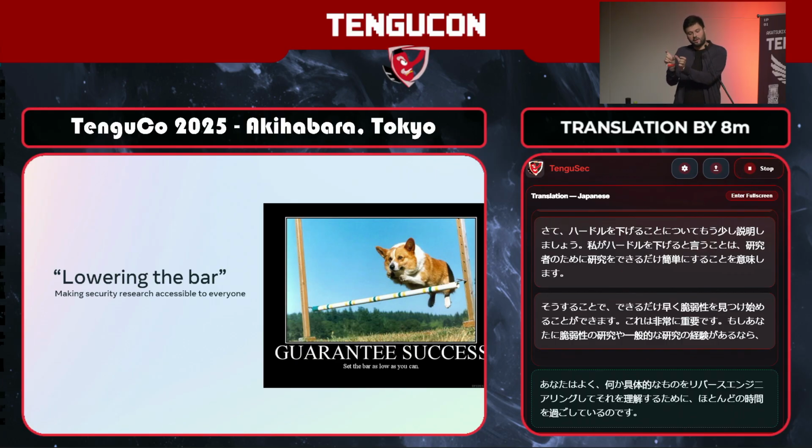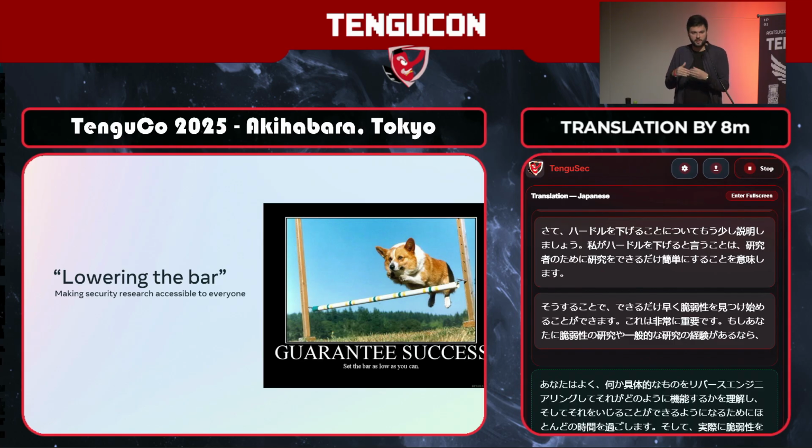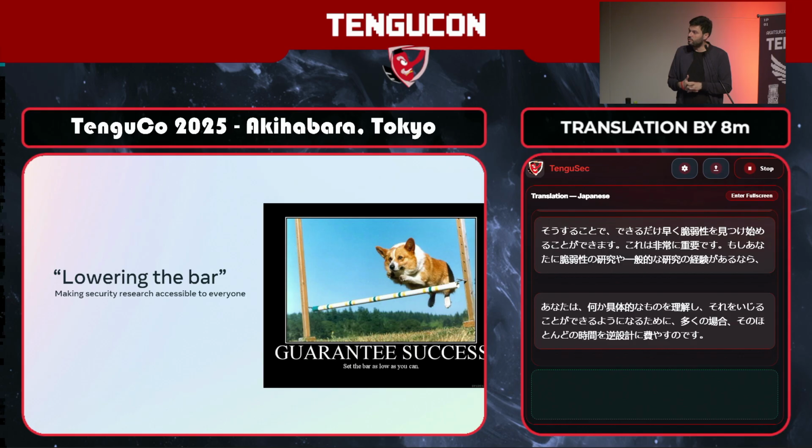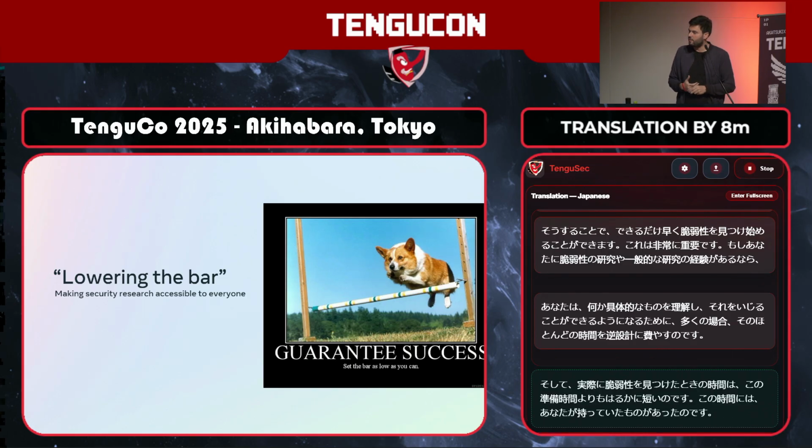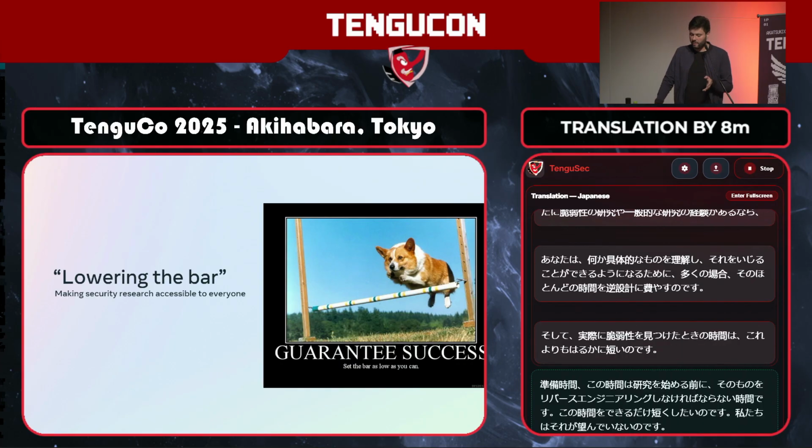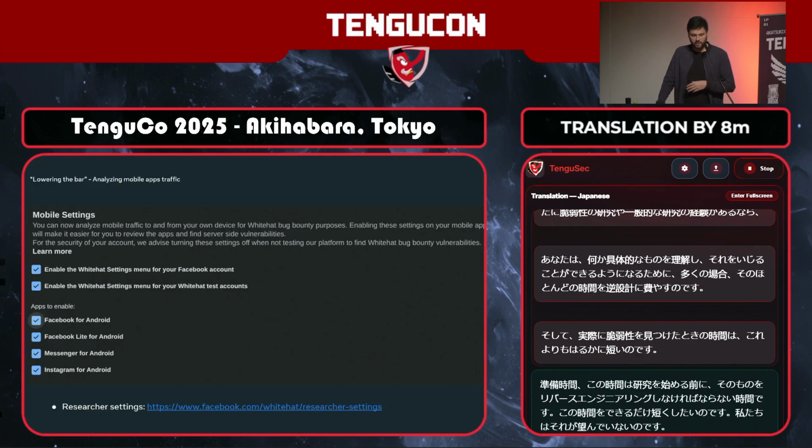And then the actual time where you find the vulnerability is way smaller than this preparation time, the time where you had to reverse engineer the thing before starting your research. This is the time we're trying to lower as much as possible. We don't want people to spend a very long time figuring out how certain things work.